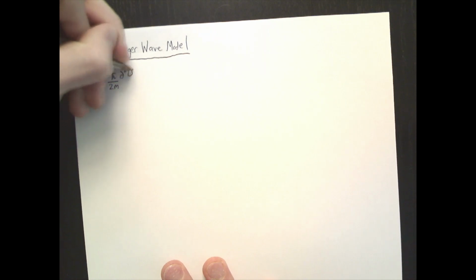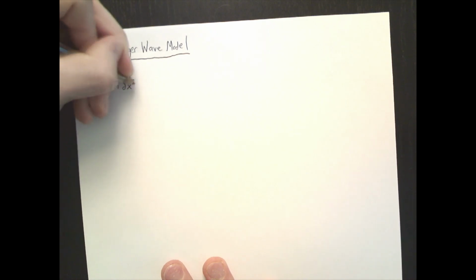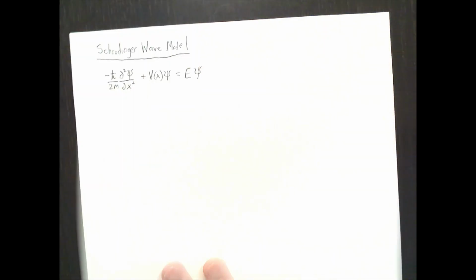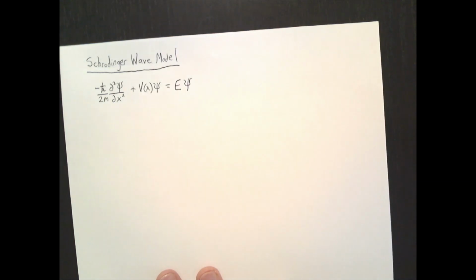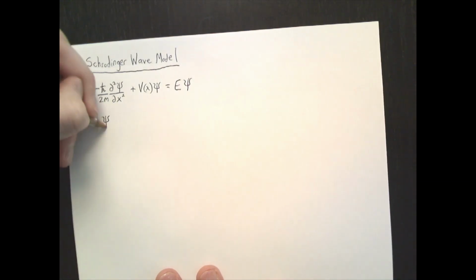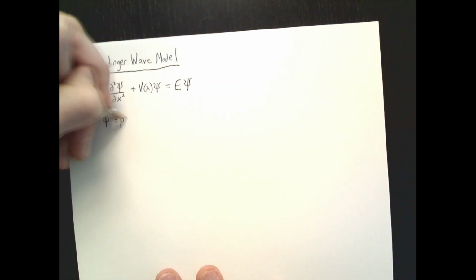There's all kinds of dark calculus and magic in this equation, but to just sort of write it out to show you what we're working with. We have this equation here. This pitchfork looking symbol is the Greek letter psi, and this is the wave function.